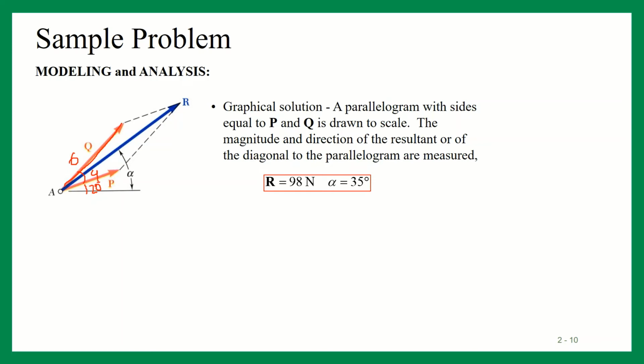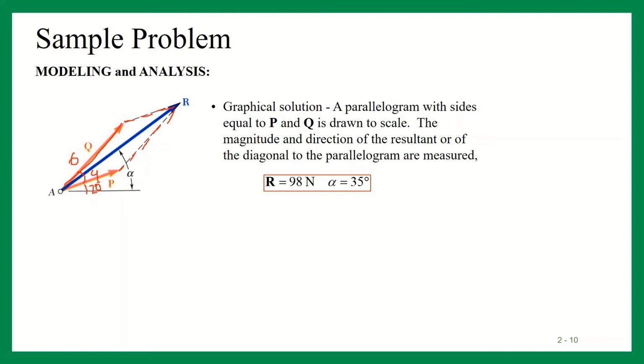Now you have drawn the two sides of the parallelogram. Next, draw a line parallel to this one, AP, and another line parallel to this one. In this way your parallelogram is complete.